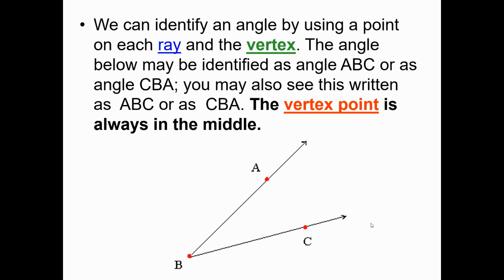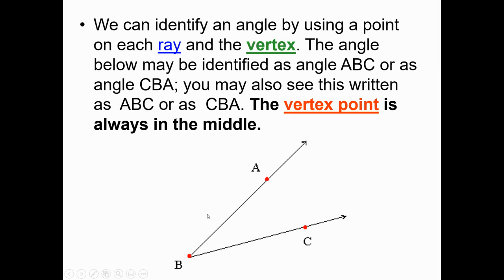All right, we can identify an angle by using a point on each ray and the vertex. So here's our vertex right here, B. This ray right here is ray BA or AB. And this ray right here is ray CB or BC. They share the same vertex, okay?